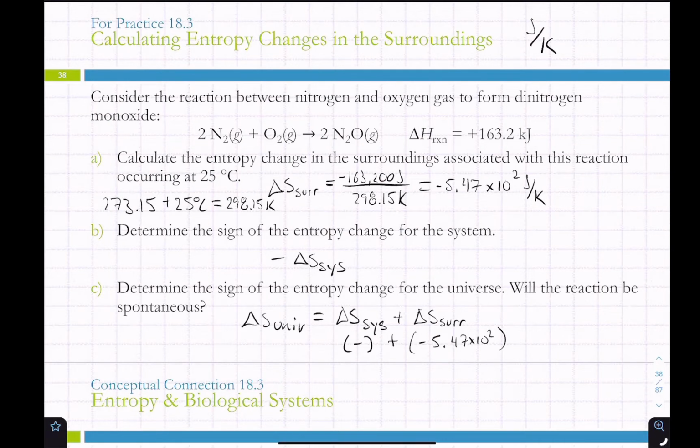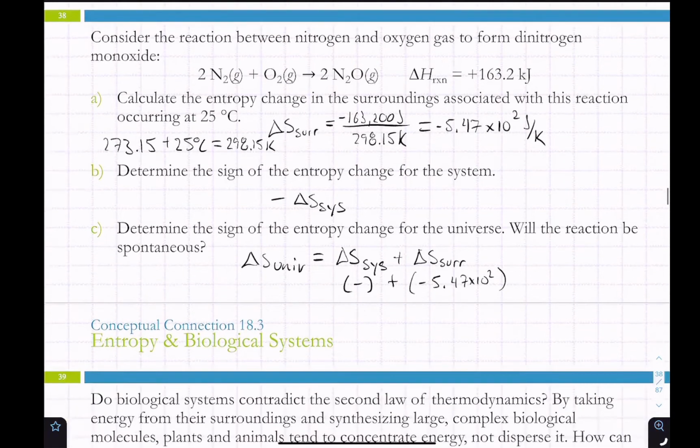So is this reaction spontaneous? If it decreases the entropy of the universe? Not spontaneous. I saw some people mouthing no to me. It's okay, you can say it. So it's non-spontaneous.